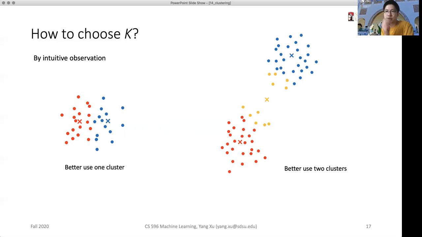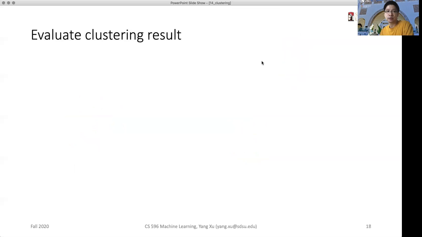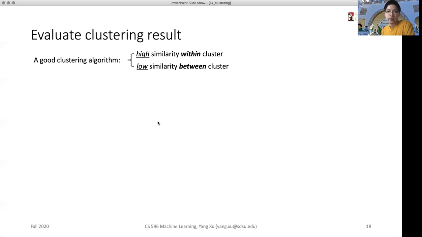Okay, so it comes to the problem of defining what a good clustering result is. There could be some systematic evaluations to judge what a good clustering result looks like. A good clustering algorithm should make sure that data points that are similar appear in the same cluster, and data points of low similarity should be assigned to different clusters.